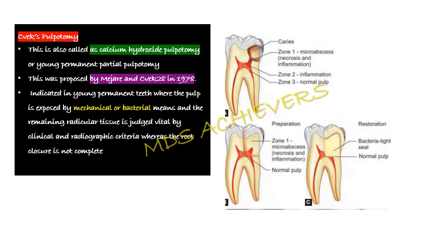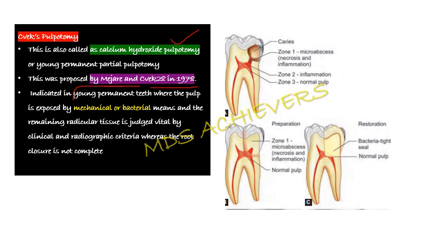Quex pulpotomy. This is also one of the important things where you have to remember a few points. That is, calcium hydroxide pulpotomy. This was done in young permanent partial pulpotomy, and was carried out by Majare and Quick in 1978, indicated in young permanent teeth where the pulp is exposed by mechanical or bacterial means and the remaining radicular tissue is judged vital by clinical and radiographic criteria, whereas the root closure is not complete.